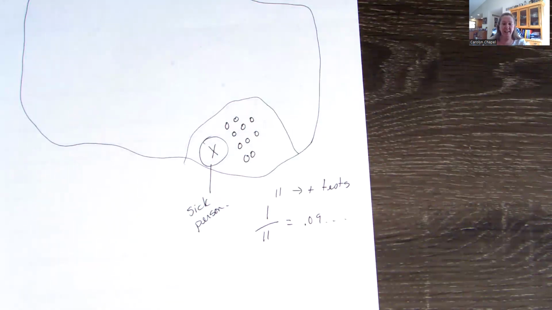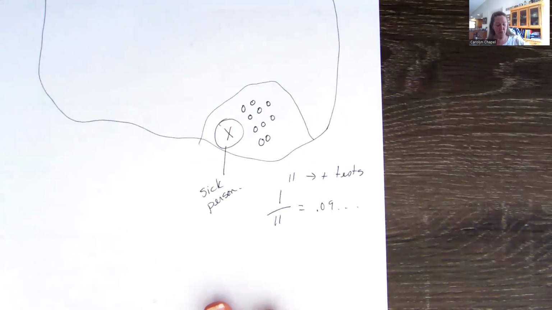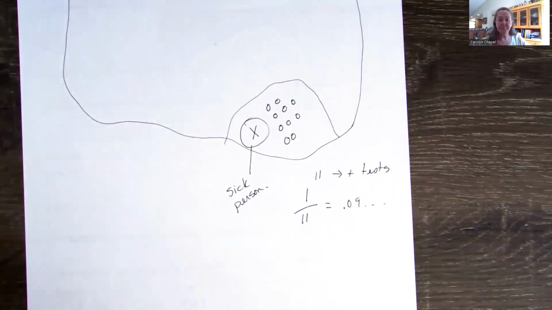The tests for things have gotten a lot better on certain rare diseases, but a lot of times when they have these positive tests, they'll have you retest, or they'll have you check something else again. They don't automatically assume that you have these diseases. When you have cancer screenings, they check it and then they'll check something else. When you do other tests and they find something, they check something else, because they want to make sure that if they're going to tell you you have these terrible diseases, they are accurate.